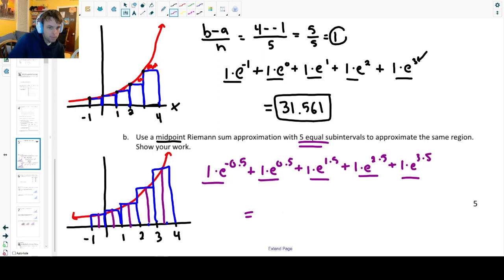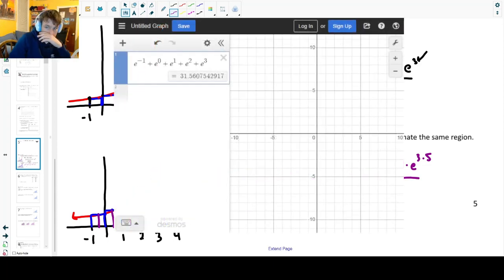Alrighty, so let me go ahead and pull back up Desmos. So we'll just make some small edits to that previous calculation to show that.